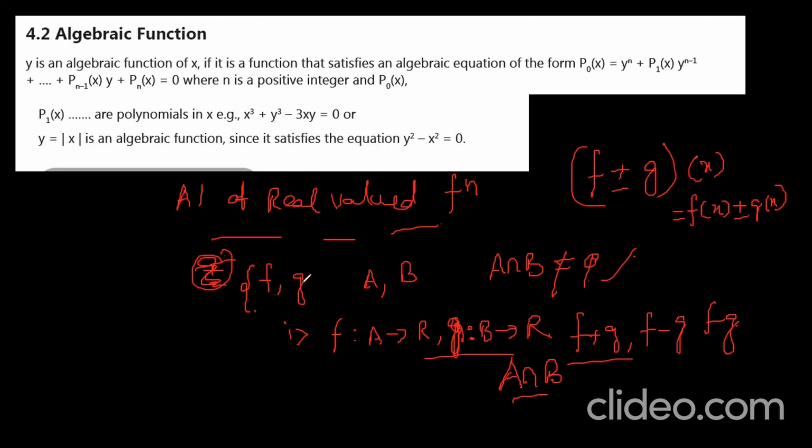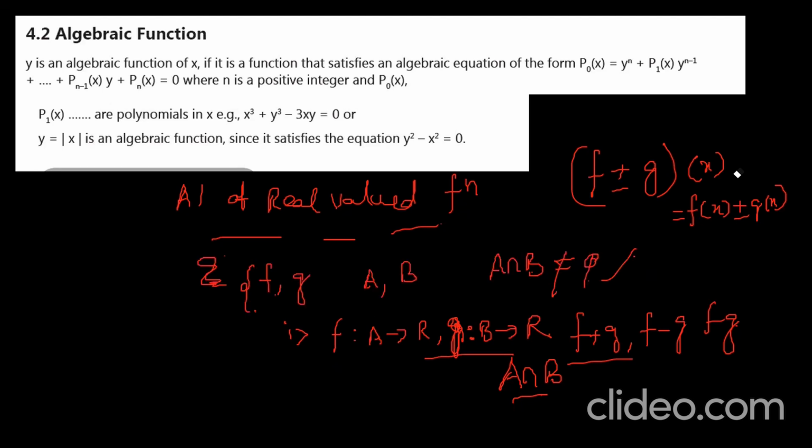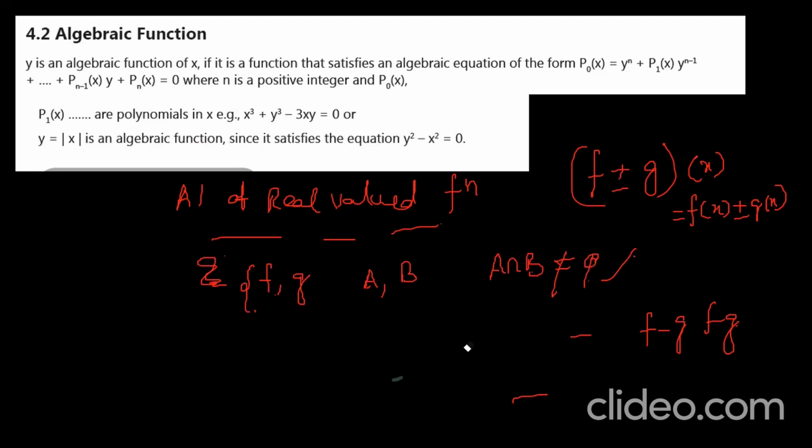This is the first condition. If you see the second condition, let me take the same setup of functions. Suppose f maps A into R is a function and k is a constant.